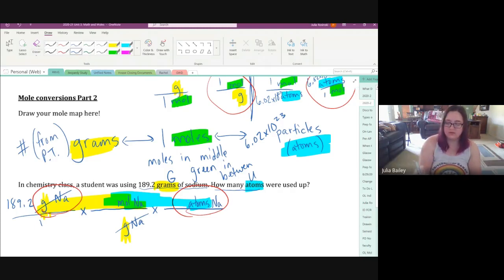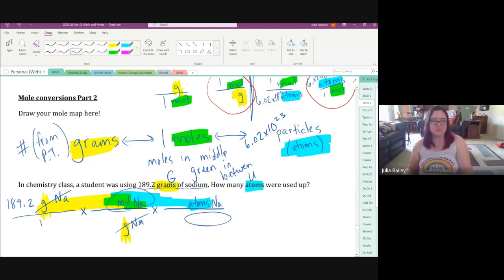And then for this final empty spot, this comes back again to this idea of simplifying. I know moles are not supposed to be my final answer. I'm going to have to get rid of those by simplifying them out. So if I have moles on top and I can also get moles on bottom, then having the same thing on top and on bottom will make those simplify.